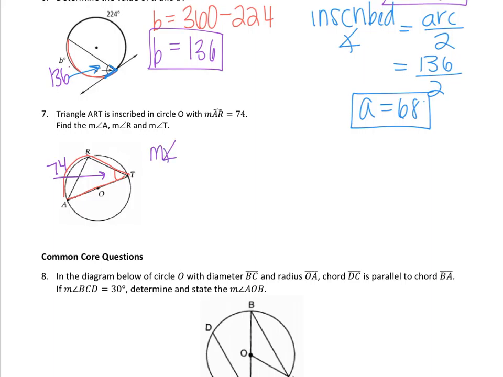Remember, if you go inside, you divide by 2. Measure of angle T equals 74 over 2. 74 cut in half gives us a value of 37. Measure of angle T equals 37.